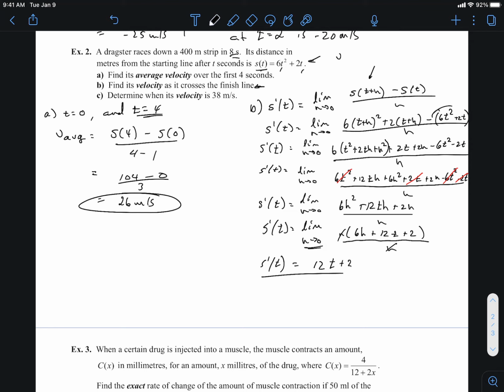This represents the velocity anywhere along that curve. Where is it that we're interested in? Well, we just want to check what the speed might be when t equals 8. Right? So 12 times 8 plus 2. Well, that's going to be 98.